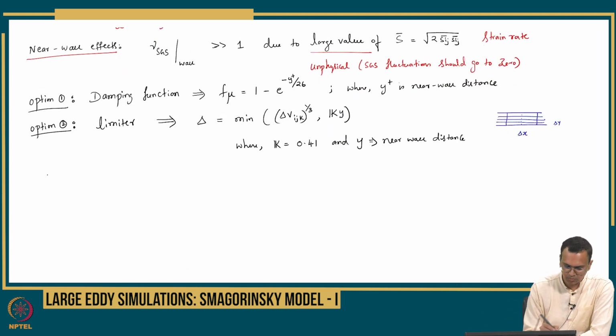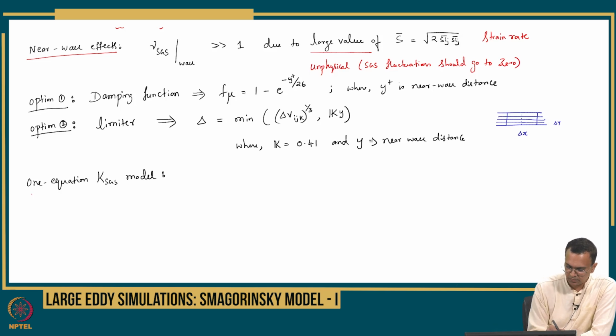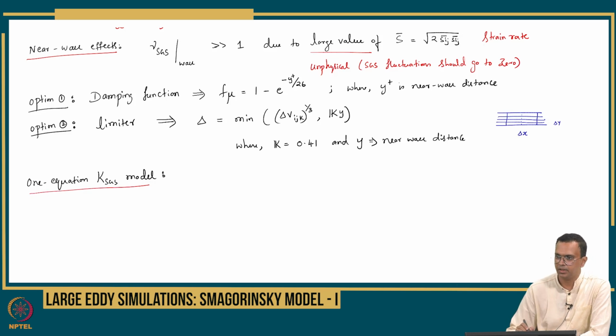So we'll have the one equation KSGS model, that is, together with the Smagorinsky model, we can use this to get the KSGS in the formula.